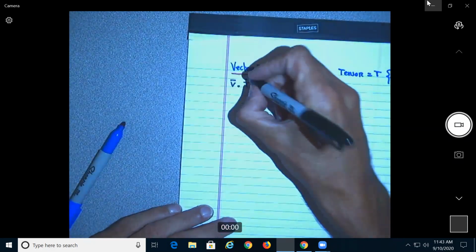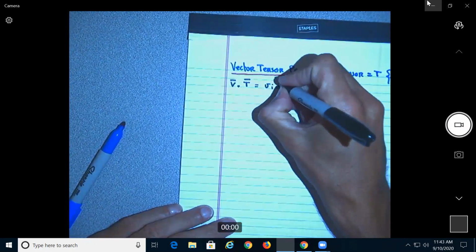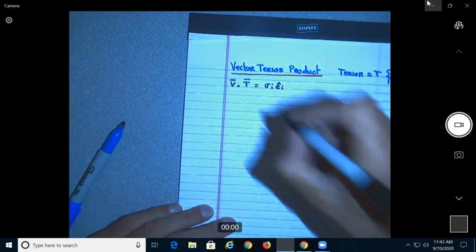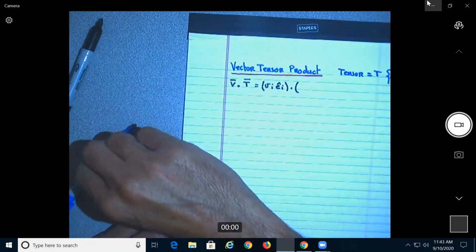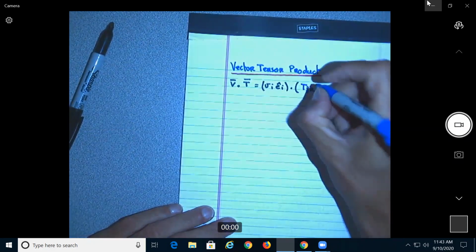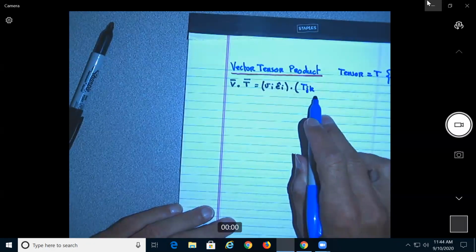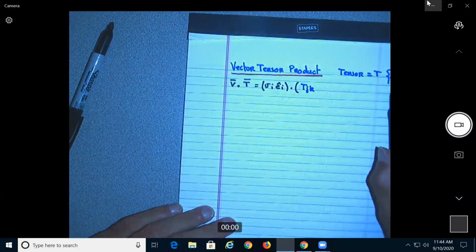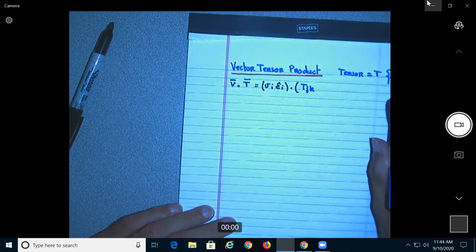For second order, you will have VI, EI, okay? Dot second order tensor. This means that instead of having a vector, you will have a matrix. TJK will be a tensor of order 2. Basically, a vector is just a tensor of order 1.